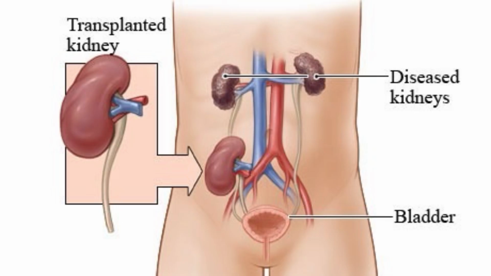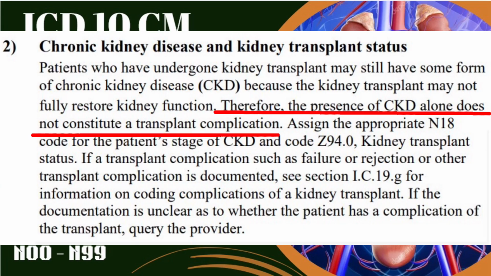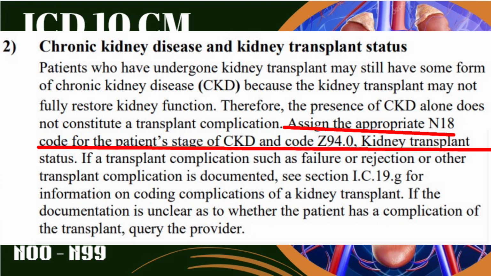But in this case, after a kidney transplant the patient is still showing some minor symptoms of CKD, chronic kidney disease, and you should not assume and code it as a transplant-related complication diagnosis. So in this scenario, you will be coding the N18 code for the patient's stage of CKD.